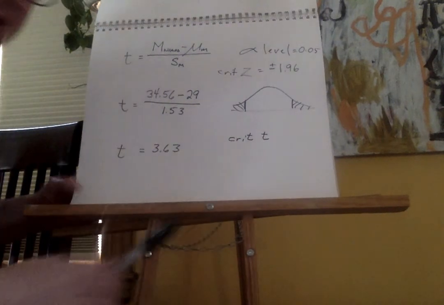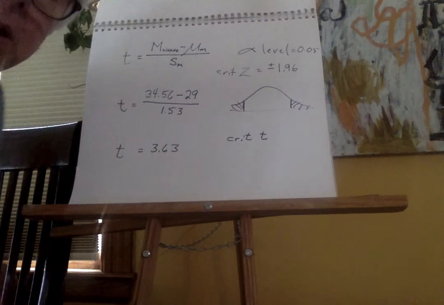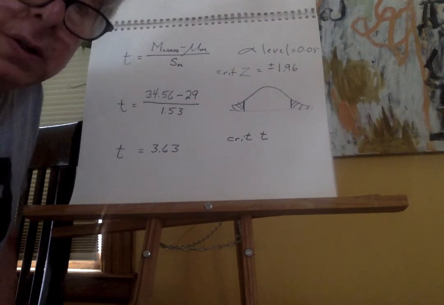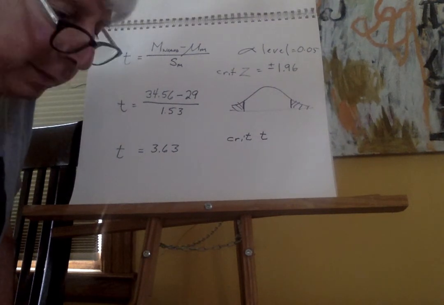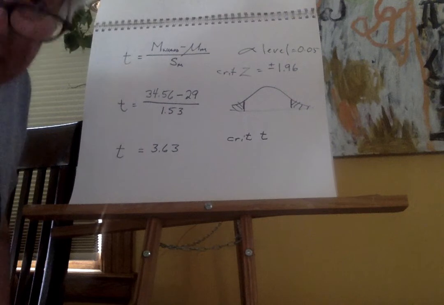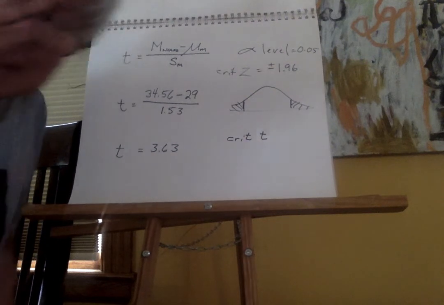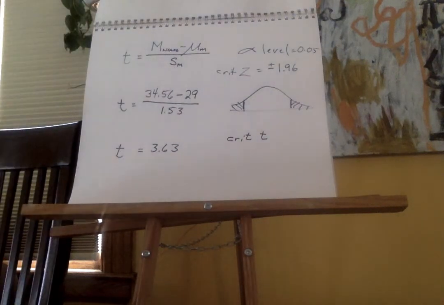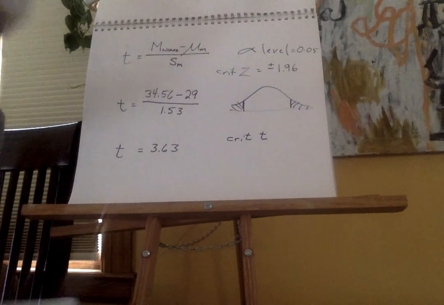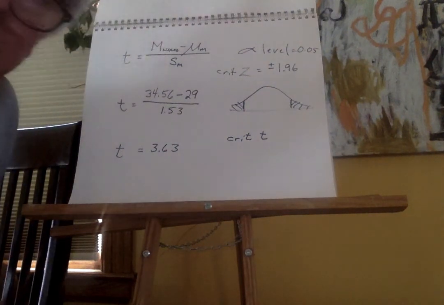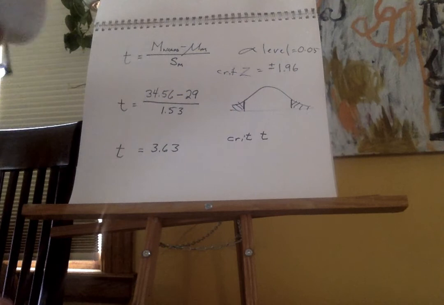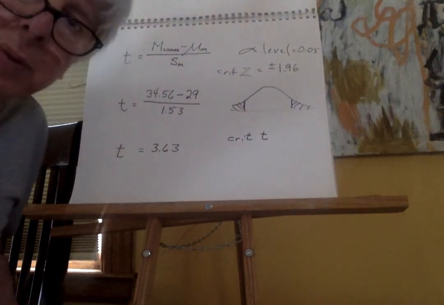Now this is where you need your book. I'm going to give you a minute to get your book. We're going to look in the back of the book at the appendices, appendix B2. I know I'm not going to be able to put this up on the screen, but that's what it looks like.